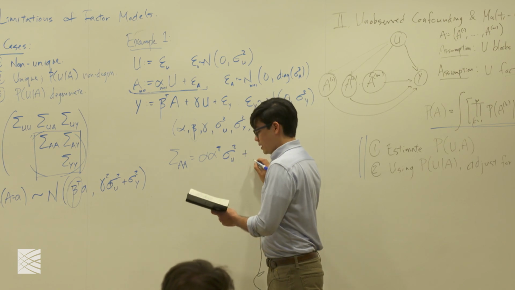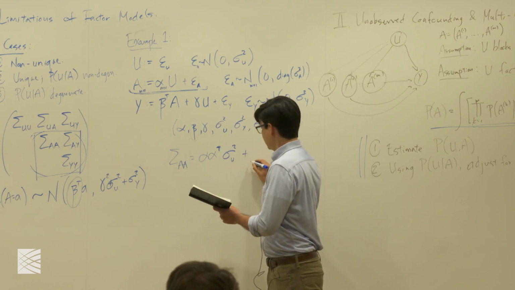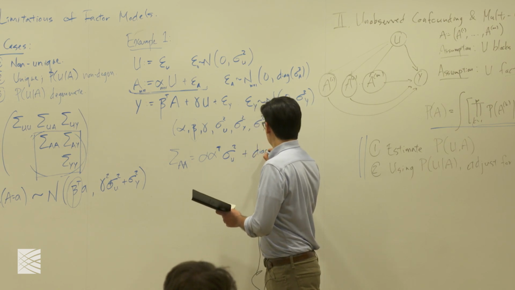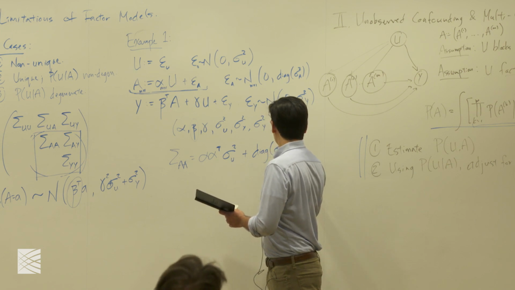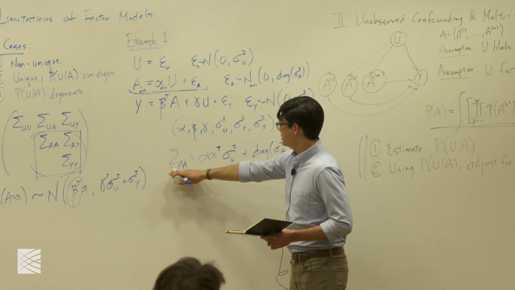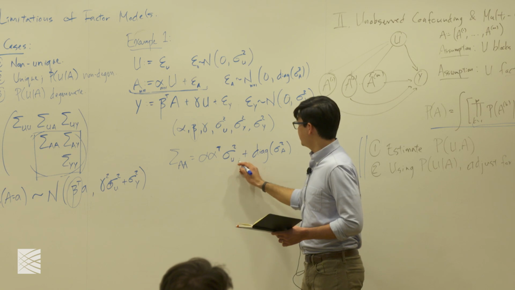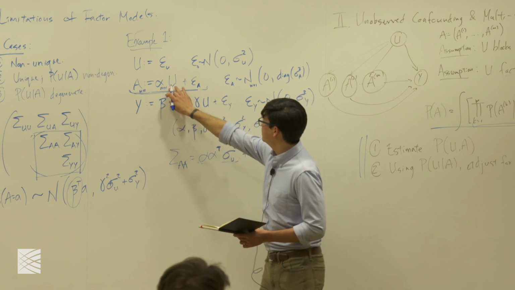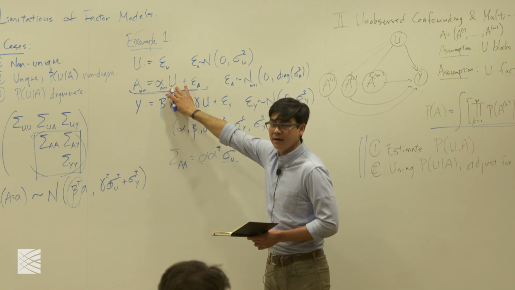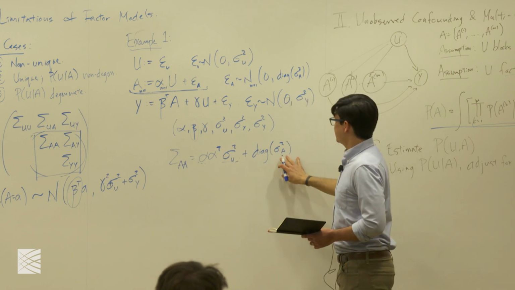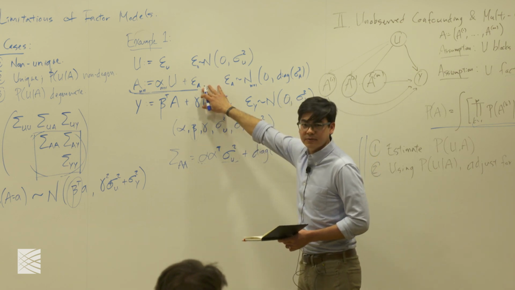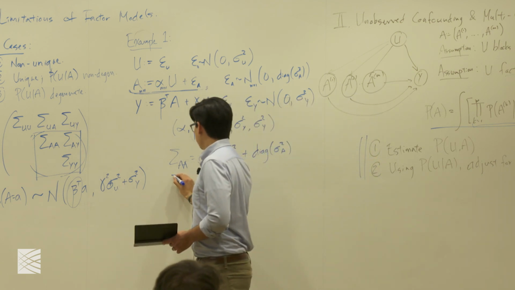So this sigma AA is going to look like this, plus our diagonal sigma squared A. Essentially, this is the contribution coming from taking the linear transformation of U, and this here is the contribution from the independent noise.